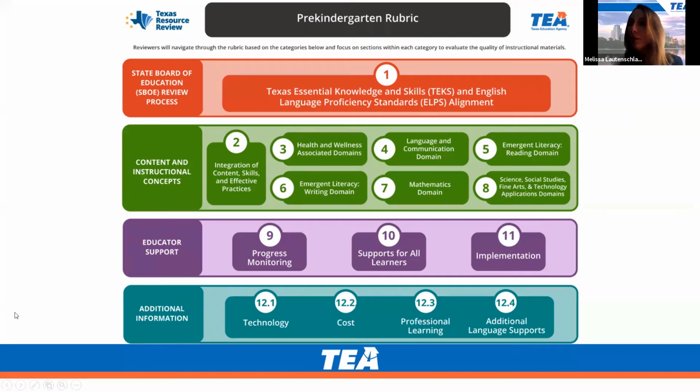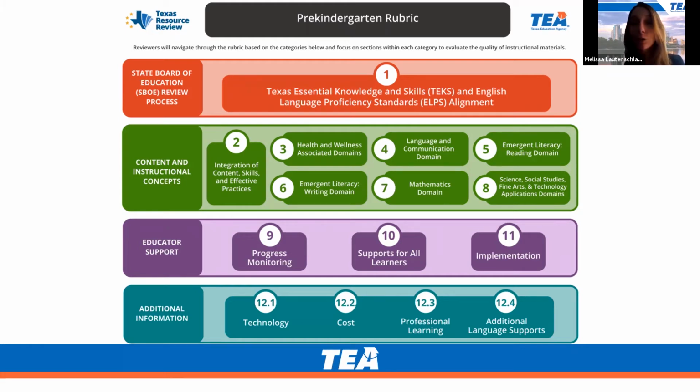Moving on to educator supports, there are components of the rubric that specifically look at progress monitoring. Not all products may have progress monitoring because maybe you partner with a different assessment, for example, but that information is available for you to take a look at and understand.